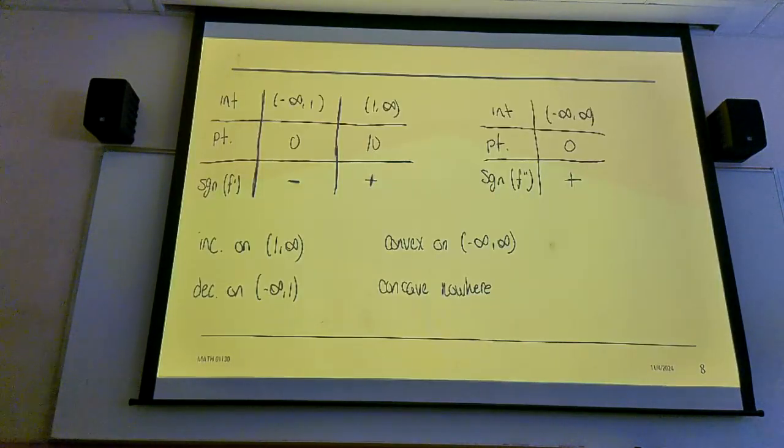Listing extrema and points of inflection. Max when it switches from increasing to decreasing. Doesn't. So there's no max. Min when it switches from decreasing to increasing, at 1.